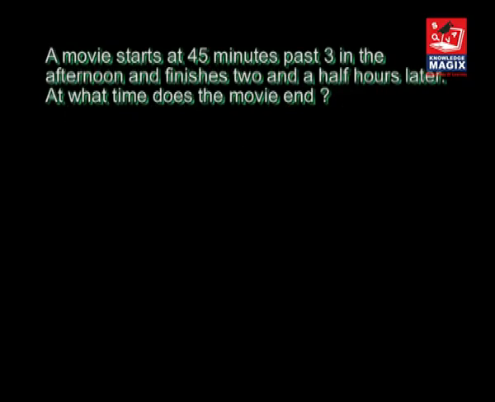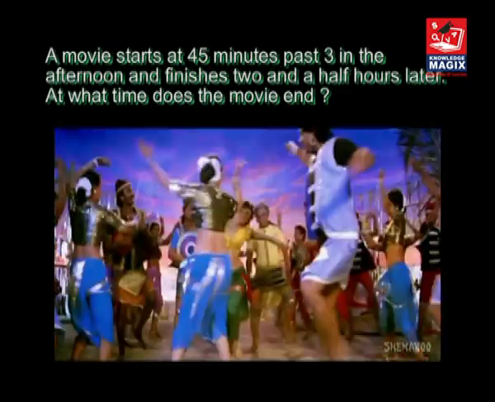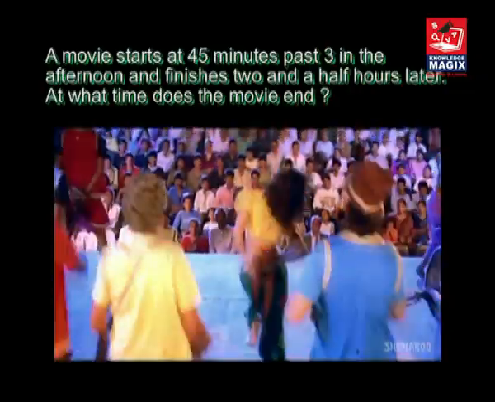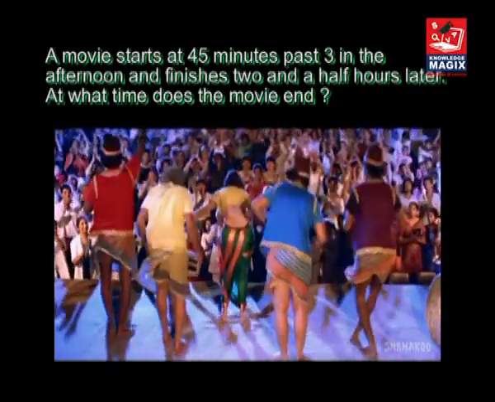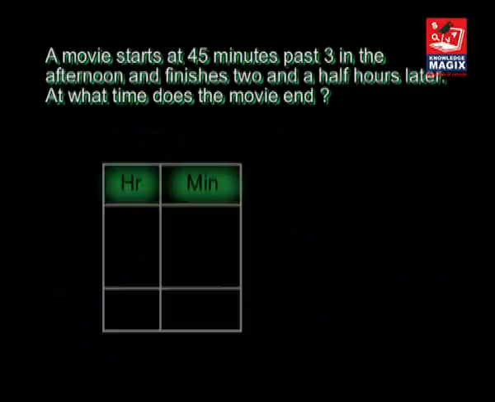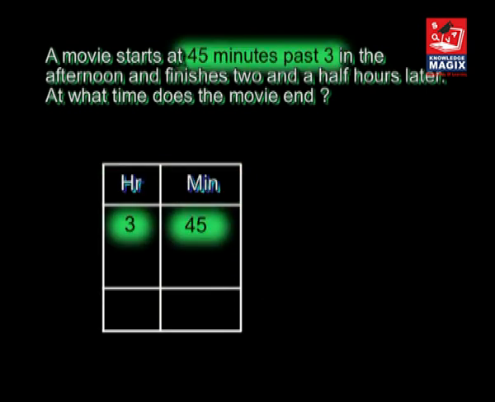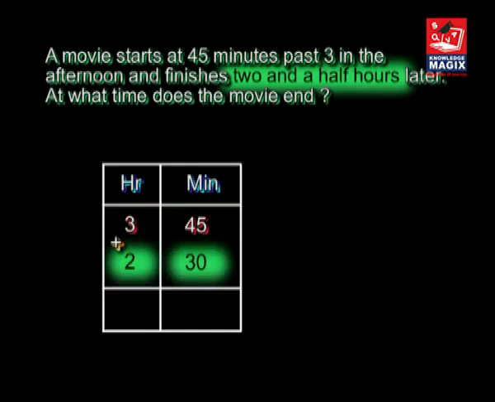Then word problem. A movie starts at 45 minutes past 3 in the afternoon and finishes 2.5 hours later. At what time does the movie end? First we'll make the columns of hours and minutes. 3 hours 45 minutes plus 2.5 hours, meaning 2 hours 30 minutes.